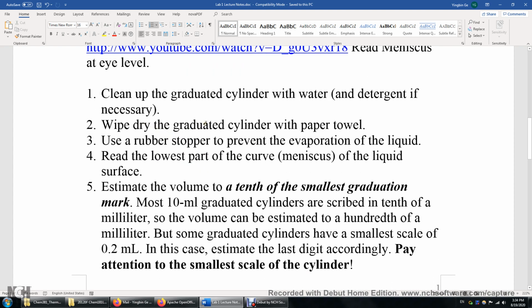I would recommend you use a piece of paper towel to dry it. Third, if you are measuring the volume or mass of a liquid sample with a low boiling point, always use a rubber stopper to prevent the evaporation of the liquid for better accuracy.